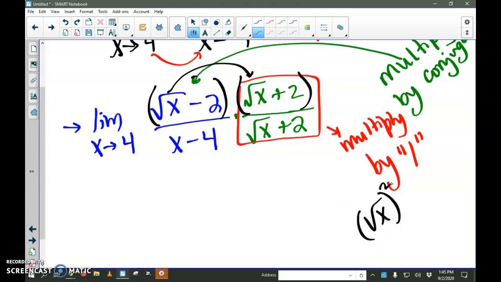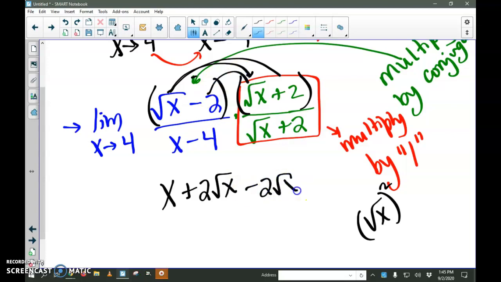And those are inverse operations, the square root and the square. So I'm just left with x. And square root of x times 2 is 2 square root of x. And then I have to distribute that negative 2. So I get a minus 2 square root of x. Negative 2 times 2 is minus 4. I have not substituted yet, so I need to make sure I go back and apply this limit.